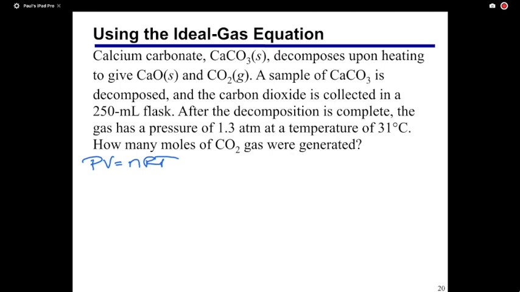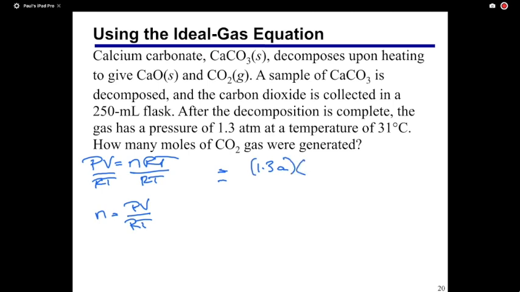Number of what? Moles. Divide both sides by RT. I get n equals pressure times volume divided by R times T. Okay? Do I know my pressure? What is the pressure given in this problem? 1.3 atmospheres. Okay?